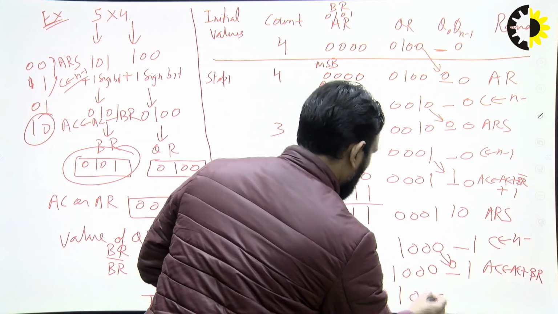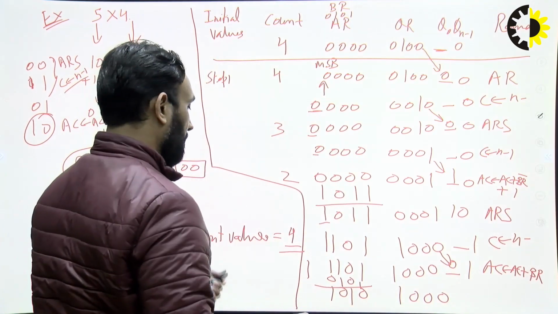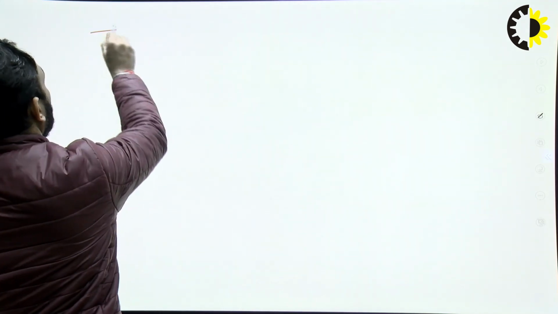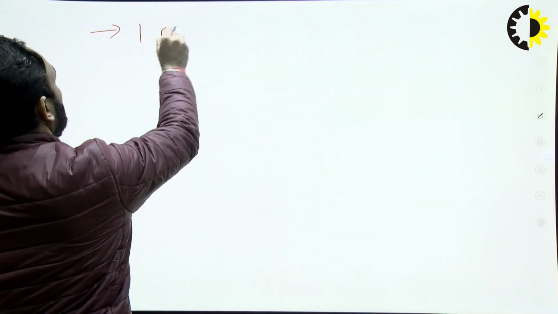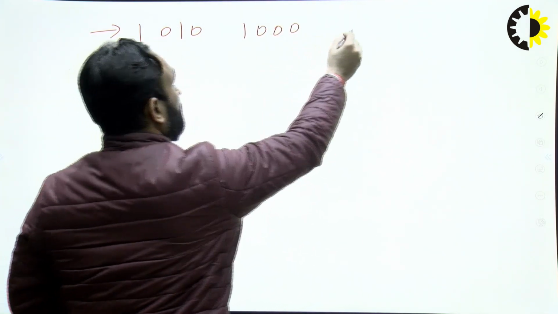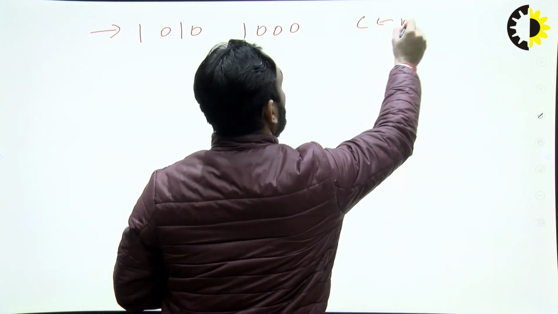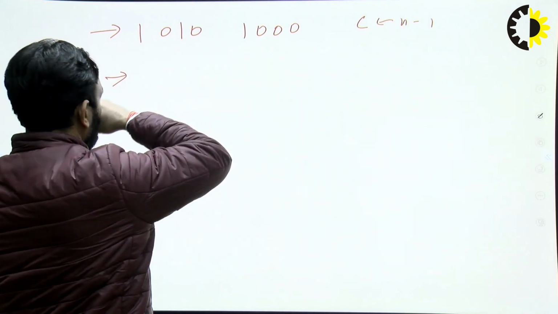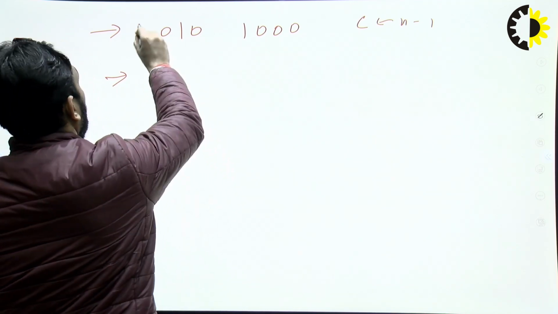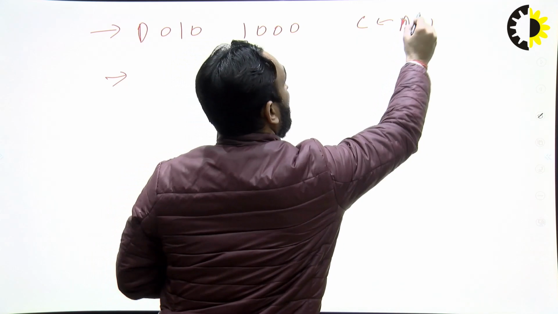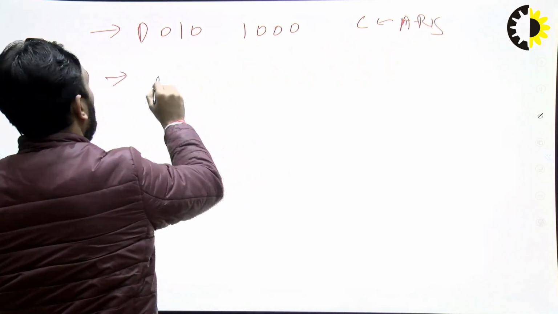When we perform arithmetic right shift, it will move towards this.